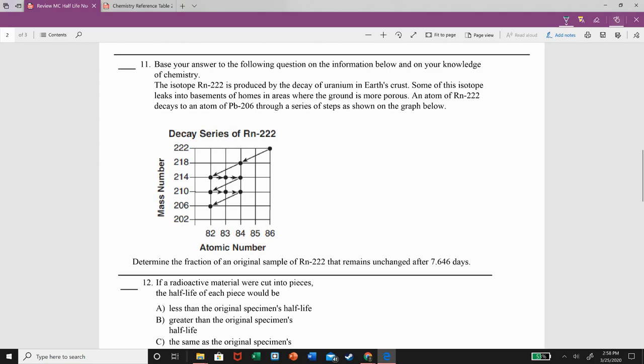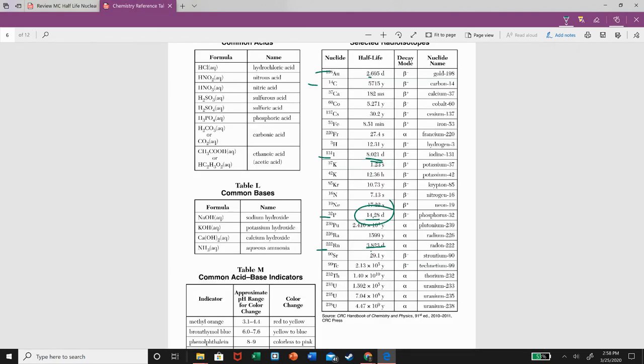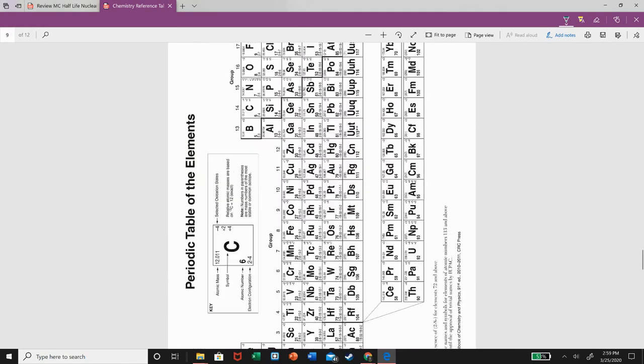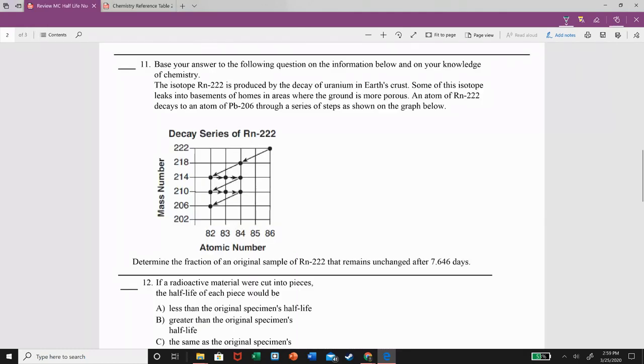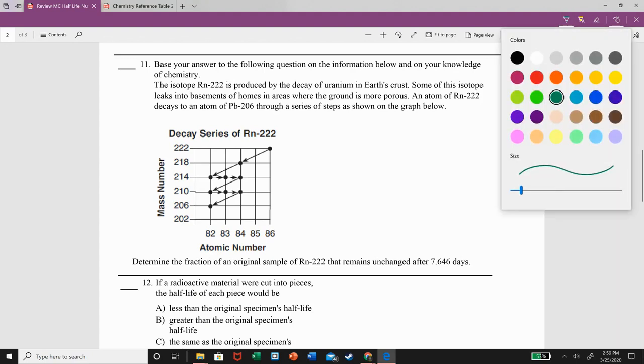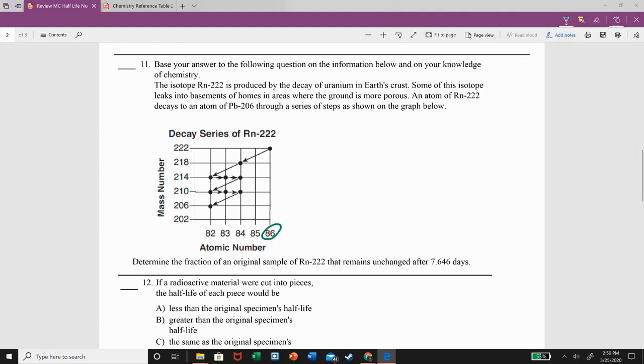Well, first of all, according to this graph, we have radon-222. Is radon atomic number 86? Well, let's go to your periodic table. Radon is number 86. So then that one's over here. So this is radon-222.